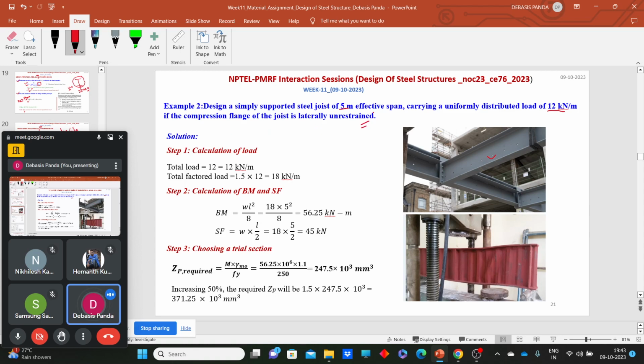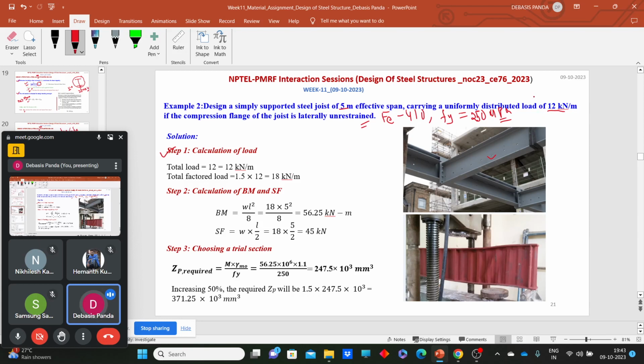For design consideration, let's consider the grade of steel as Fe410, whose yield strength Fy is 250 MPa. First step, we need to calculate the loads, or more precisely the factored load. Here the total load itself is given.